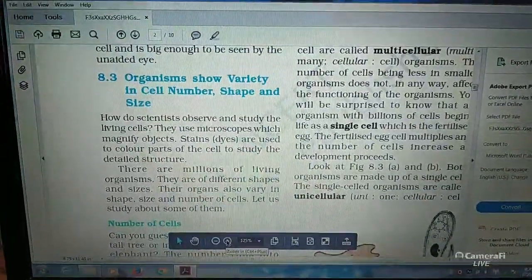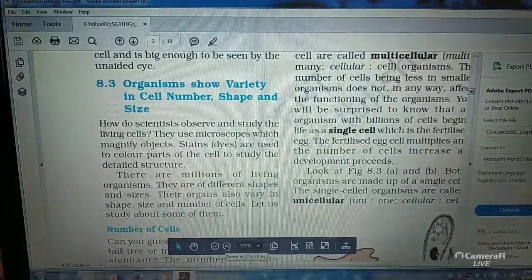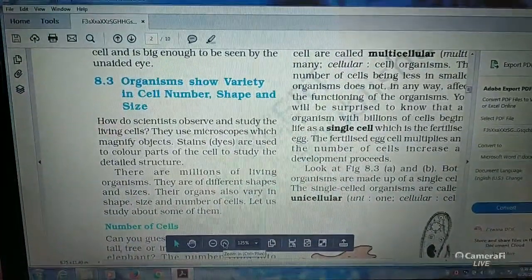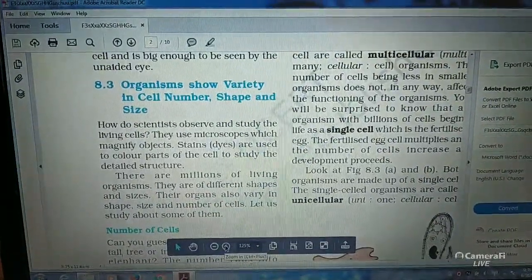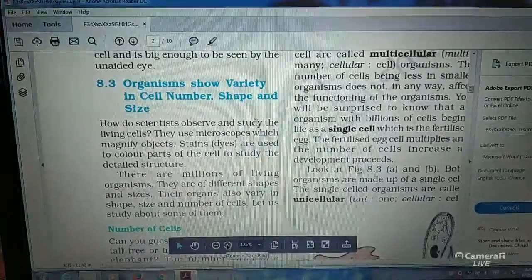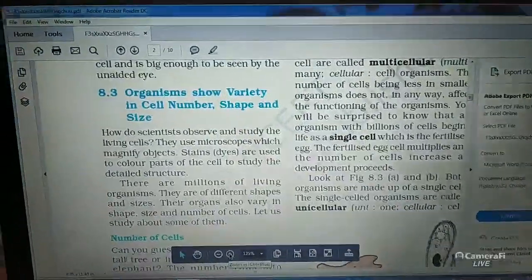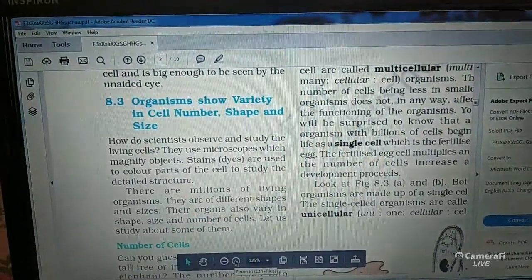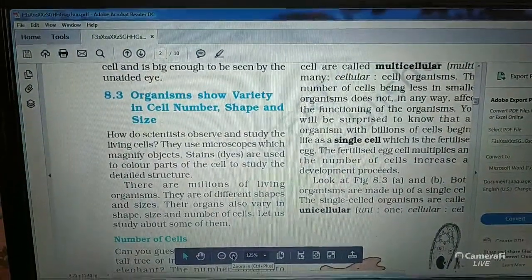Now you can say which cell you can see with your unaided eye. That is egg. Egg is a cell, totally one cell. That egg you have seen in the market, this is one cell. Is that clear to you?